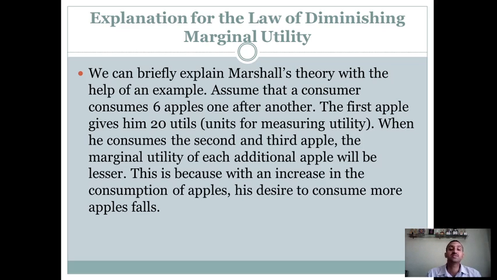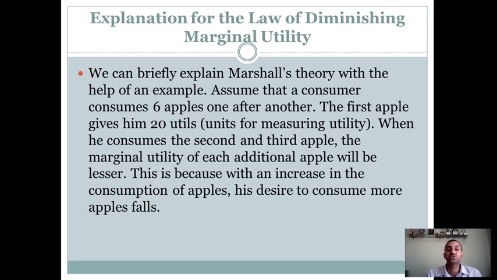When he consumes the second and third apple, the marginal utility of each additional apple will be lesser. This is because with an increase in the consumption of apples, his desire to consume more apples falls. If you eat 6 apples continuously, one after the other, definitely the satisfaction you got from the first apple will be reduced by the second apple.